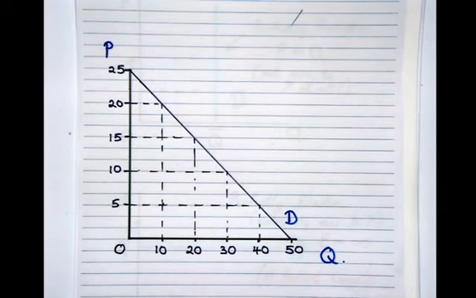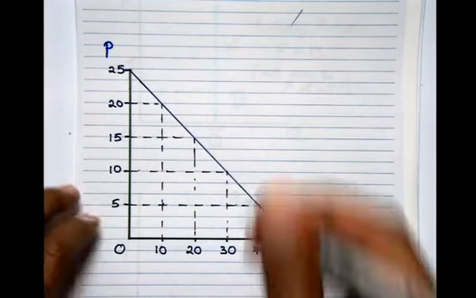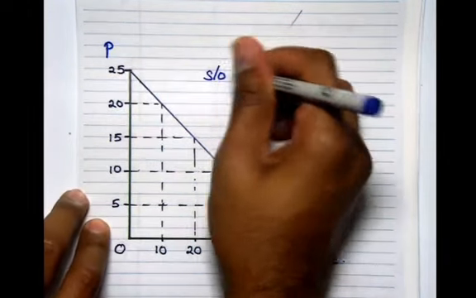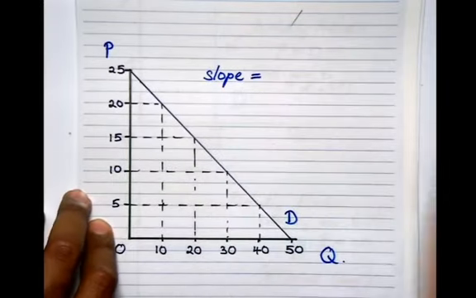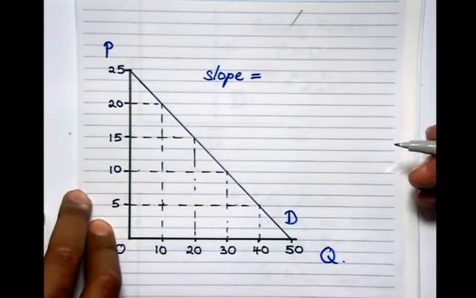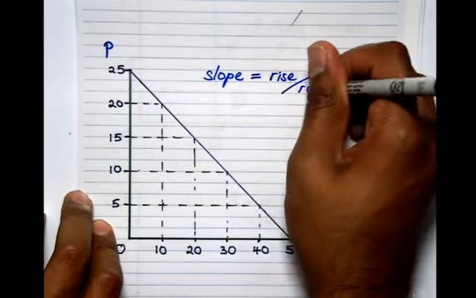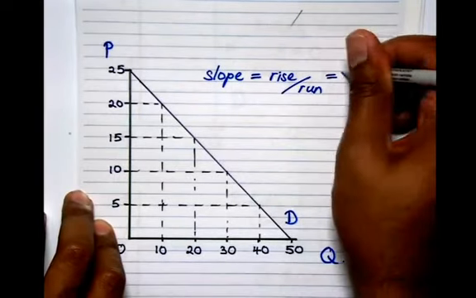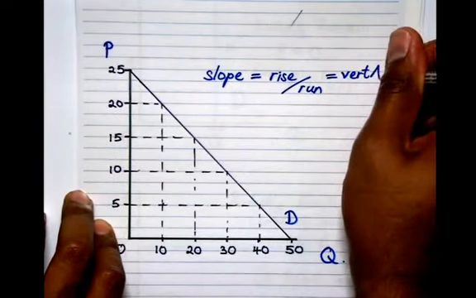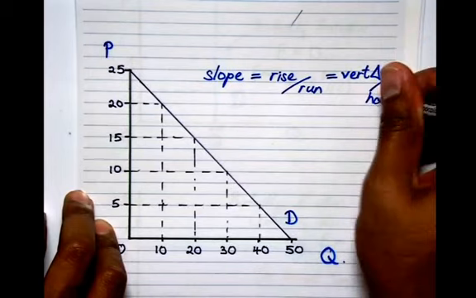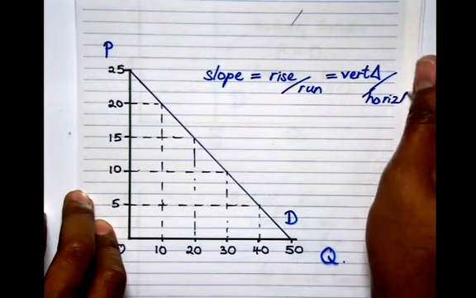How do you calculate slope? Slope is rise over run, or the vertical change divided by the horizontal change.